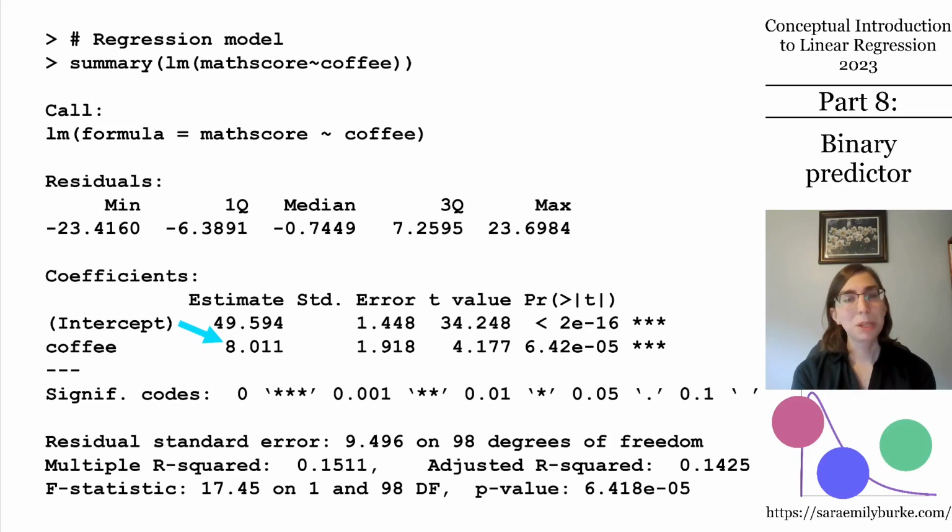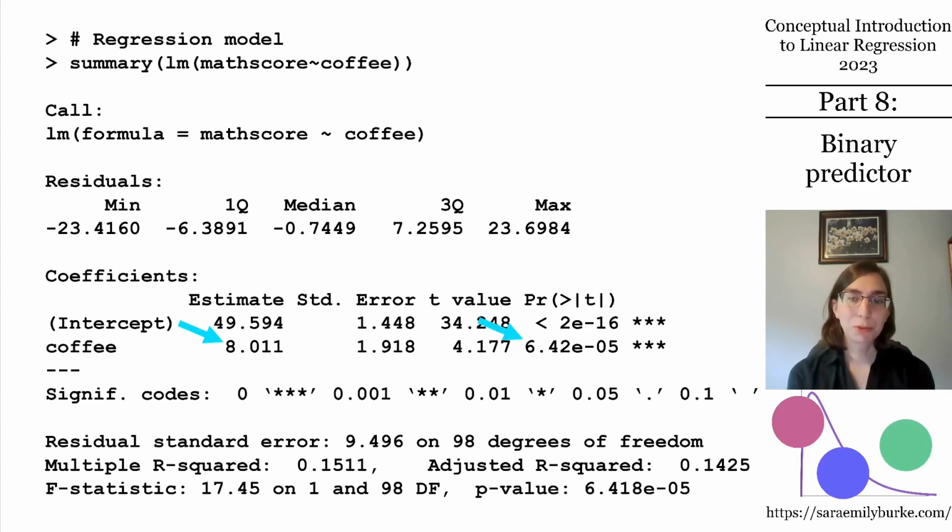It means that people in the coffee condition scored 8.01 points higher than people in the no coffee condition. After all, the slope is the degree to which the response varies along each unit of the predictor, and the unit of the predictor here is going from no coffee to coffee. That's what switching from a value of 0 to a value of 1 represents.